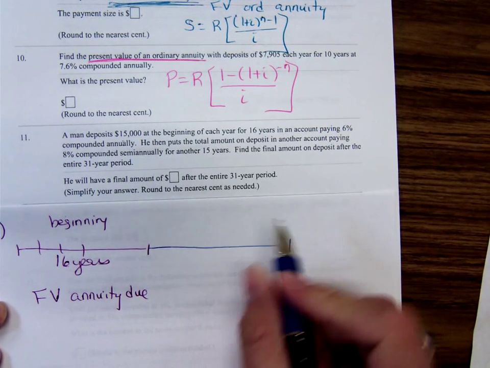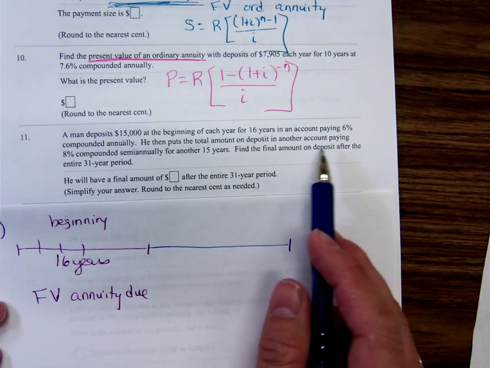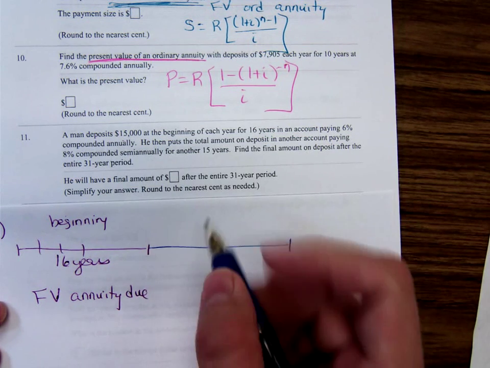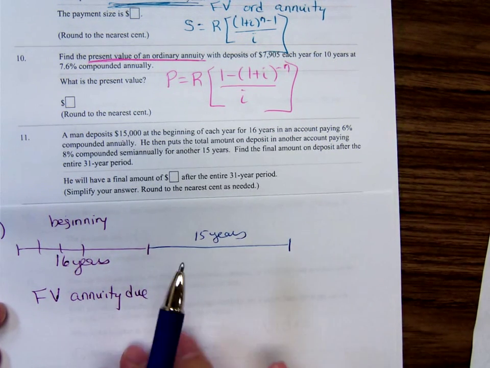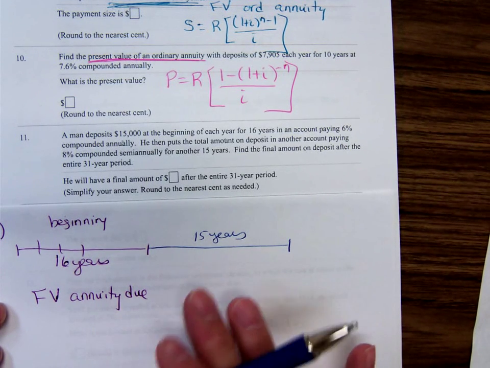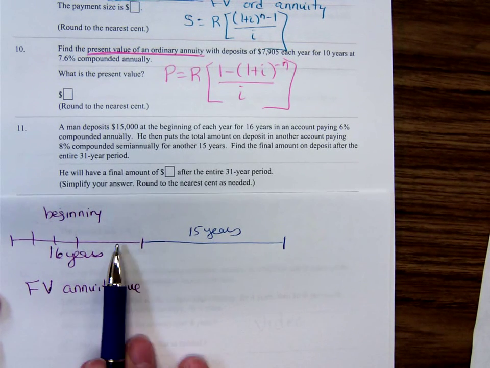He then puts the total amount on deposit in another account, paying 8% compounded semi-annually for another 15 years. So at this point on the second part of the timeline, he's no longer making the periodic payments. It's no longer an annuity.